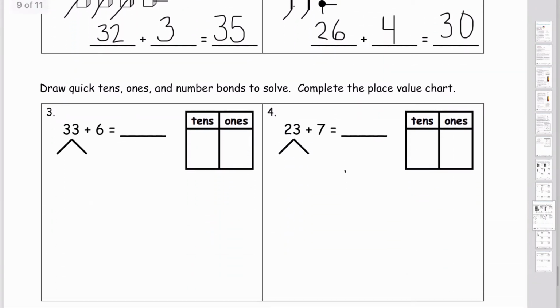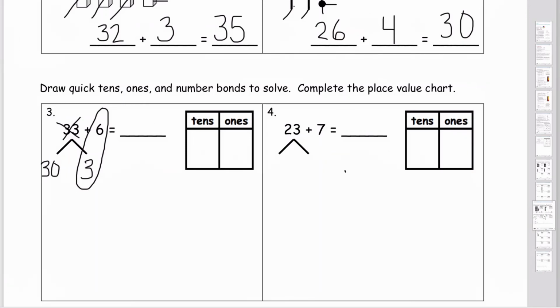Now we're going to move on, and we're going to use our new strategy of decomposing. I have my number 33, and I need to break it apart into tens and ones. 33 is the same as 30 and 3 more. So I'm going to cross off 33 because I have decomposed him, and now I am going to circle my ones. So if I have 3 plus 6, I'm thinking in my head, I want to start with the big number, 6, and count on 3 more.